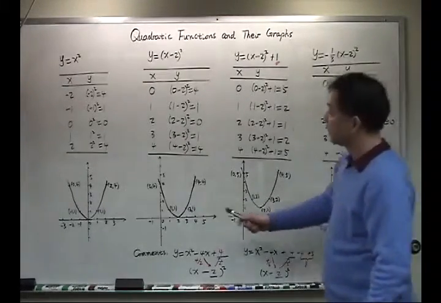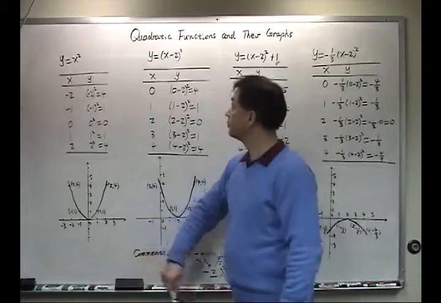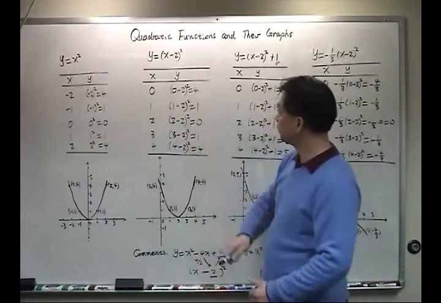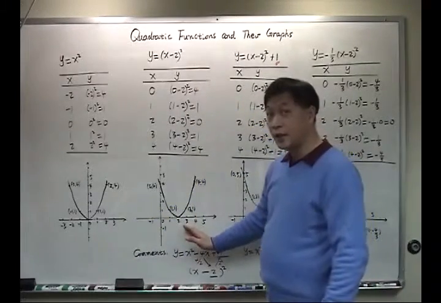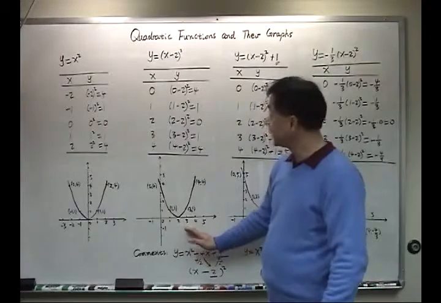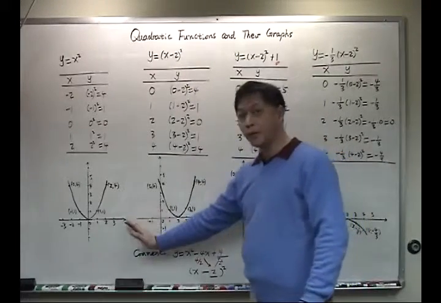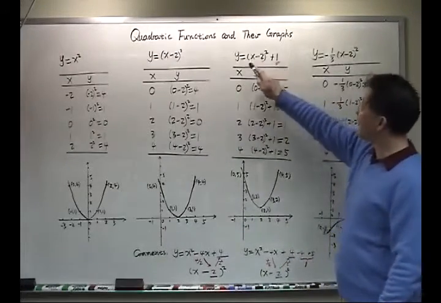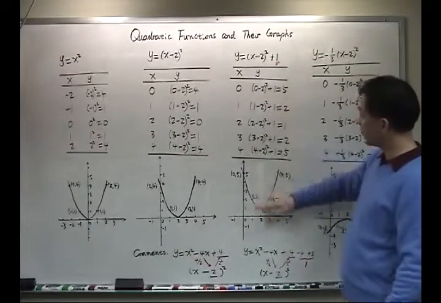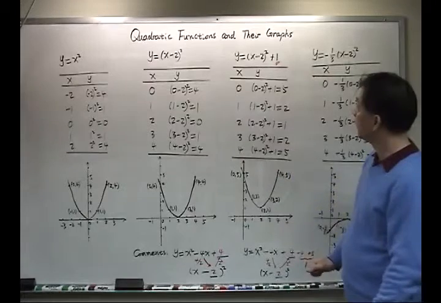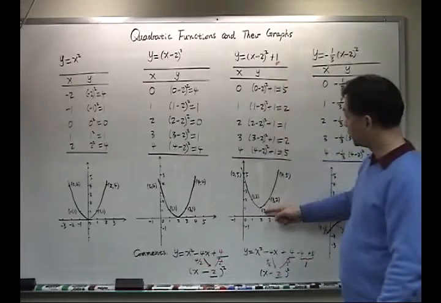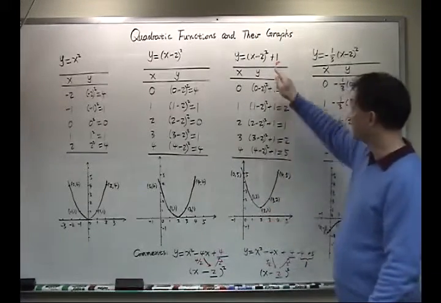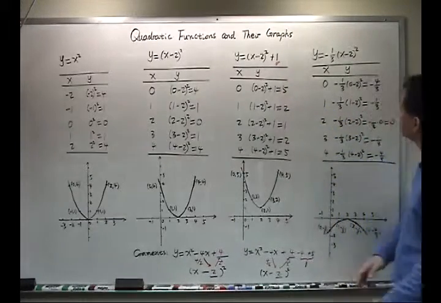Now, original picture, and then -2, shift to the right, positive direction. If we're plus, then to the left. And here, +1 for y, 1 unit up. If negative, then we should have a 1 unit down, if negative 1.